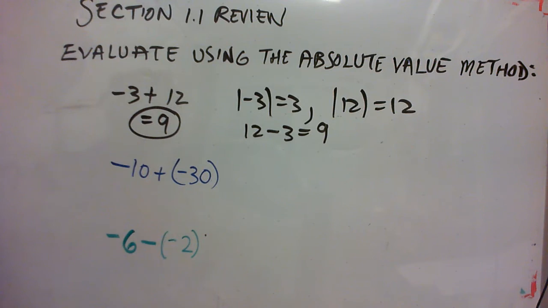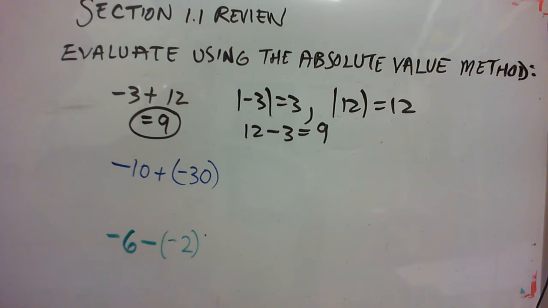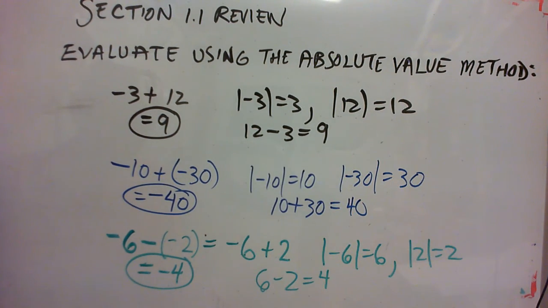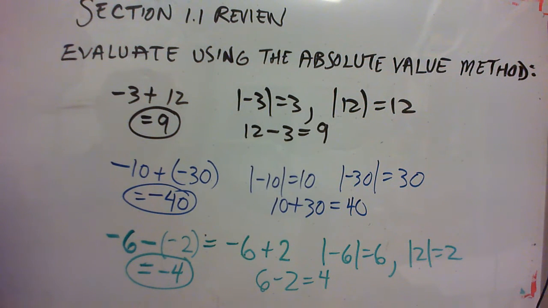Now here's two more problems for you to try. -10 plus -30 and -6 minus -2. See if you can do both of those problems using the absolute value method. Okay, our first problem, -10 plus -30.